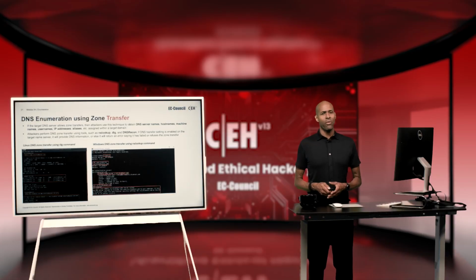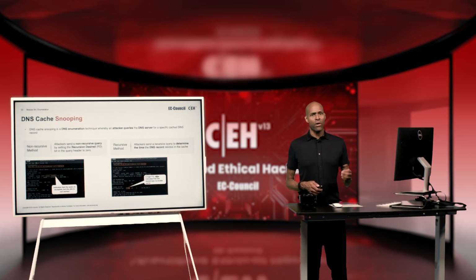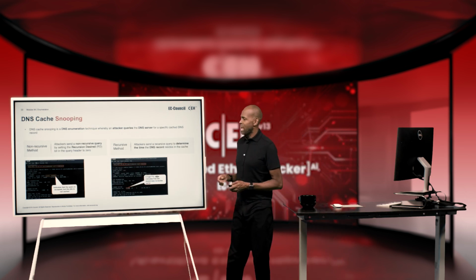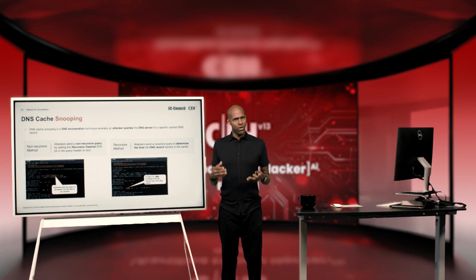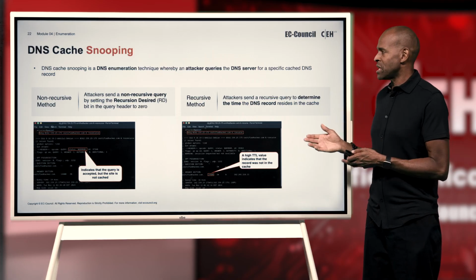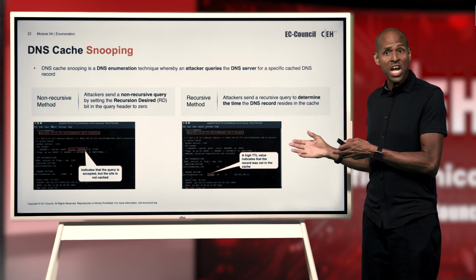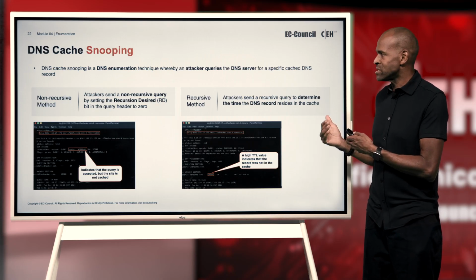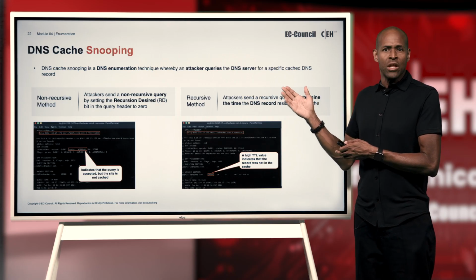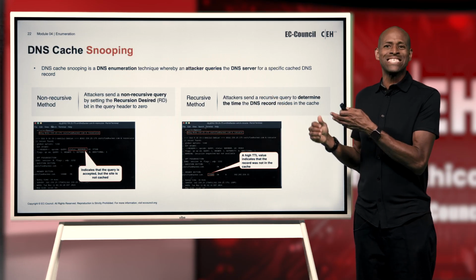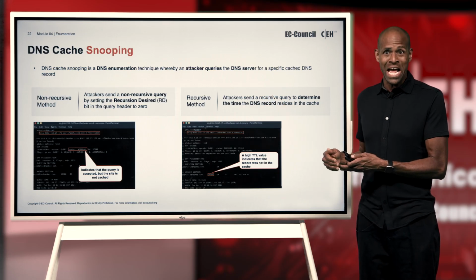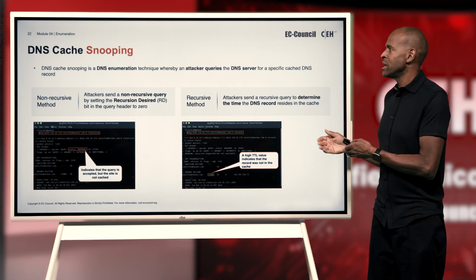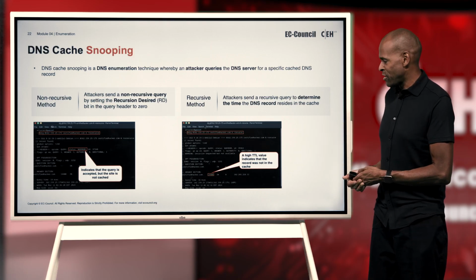Now, as I was talking about with the different types of queries, there are two major ones, iterative and recursive. And with a recursive query, one of the interesting things you can do is shape the way DNS hands the records back to you. So you can tell it, no, I don't want you to recurse. I don't want to see what's in your cache right now. Or we could tell it to go ahead and recurse, and I want to look at what's in your cache.